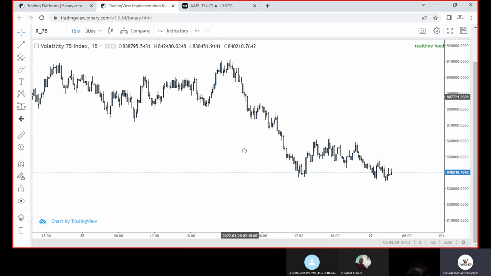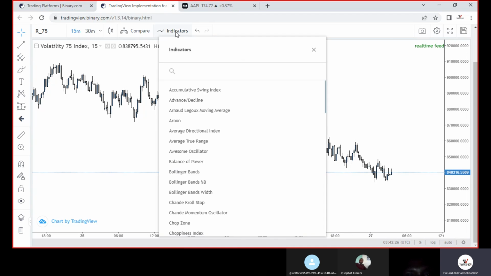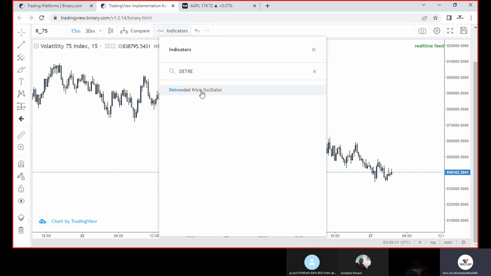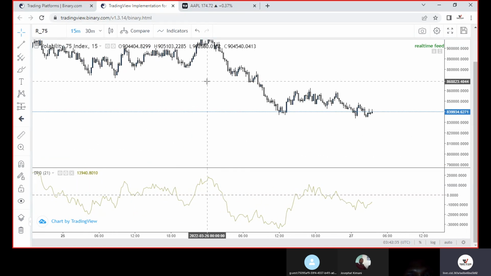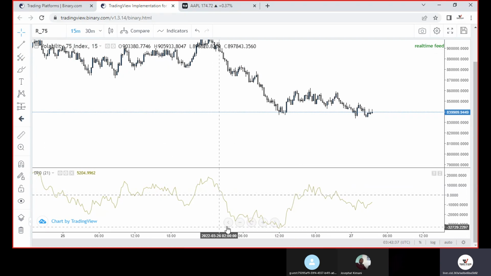Let's just try to make it as easy as possible. So the first indicator we are going to be adding is the detrended price oscillator, the DPO. How this indicator works is very wonderful.